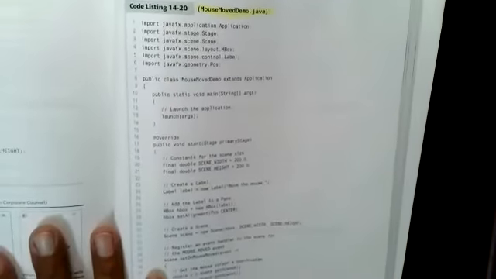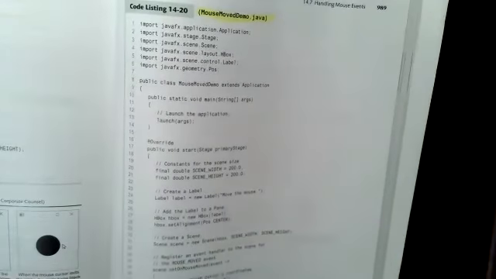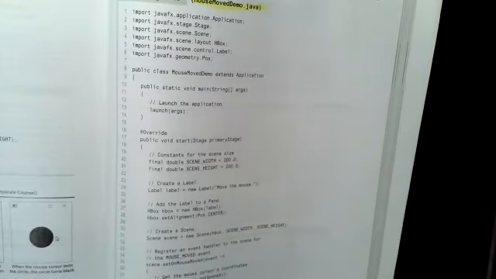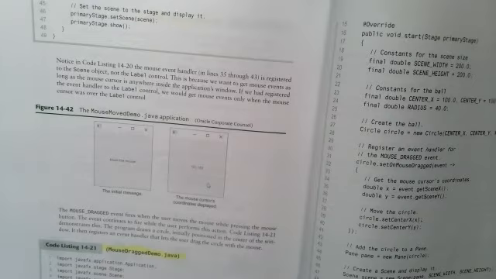MouseMoveDemo, okay, that's the next one I want to take a look at. I'm going to come in, get everything set up, and as I move my mouse around the screen, I'm actually able to get the pixel location. If you go up to the upper left-hand corner, can you get 0, 0?